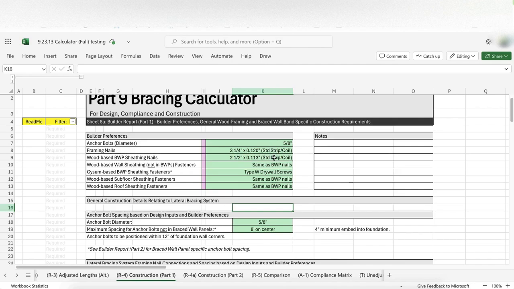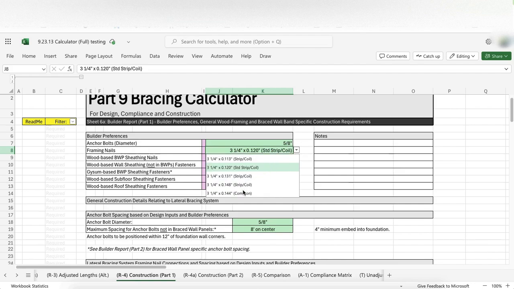But basically, the functionality here is hopefully pretty straightforward and pretty clear. I've tried to provide a selection of nails that are typically available for pneumatic nailers, so strip nailers and coil nailers. The most important reference is to do with the diameter here.